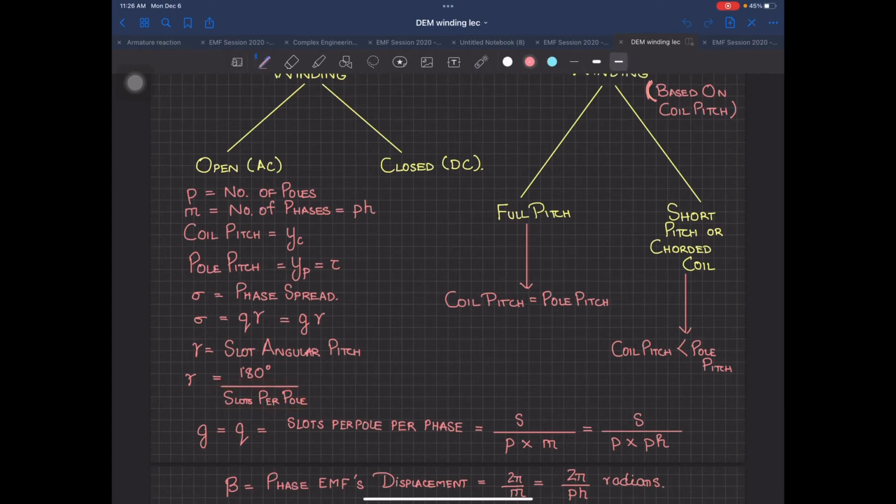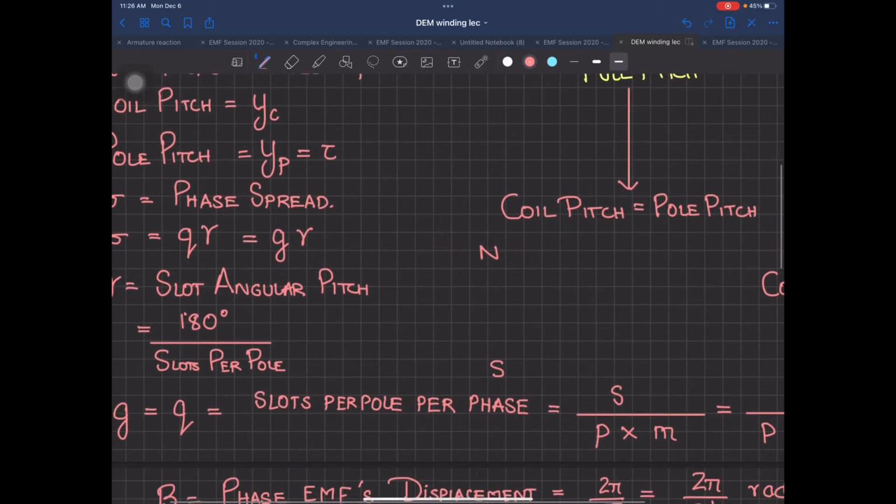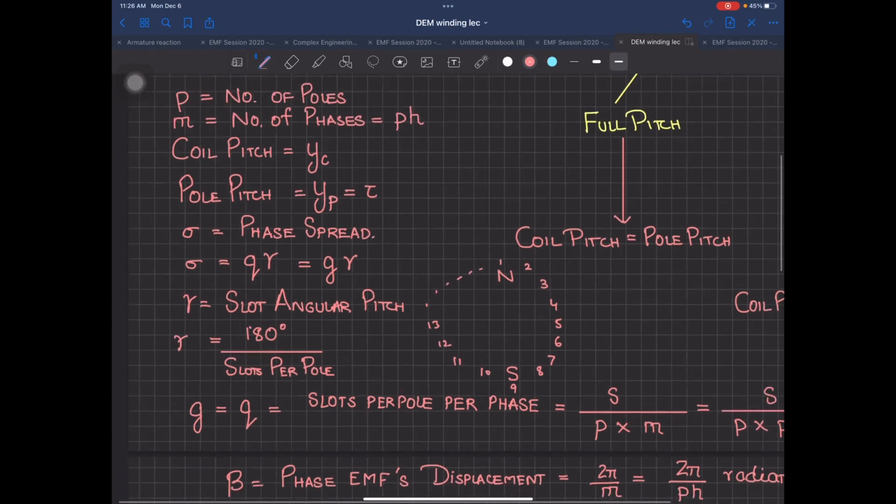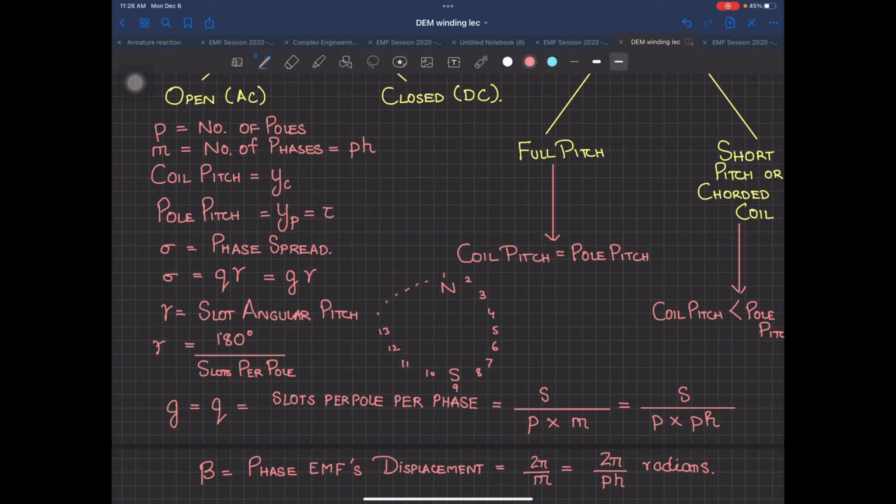Now, what I mean by this, listen very carefully. I have a north pole, I have a south pole here. Suppose I have slot number 1 here, then slot number 2, 3, 4, 5, 6, 7, 8, 9, and then 10, 11, 12 and so on. Mechanically you can see the angle between north and south is 180 degrees. Since this is a two-pole machine, the mechanical angle equals the electrical angle.